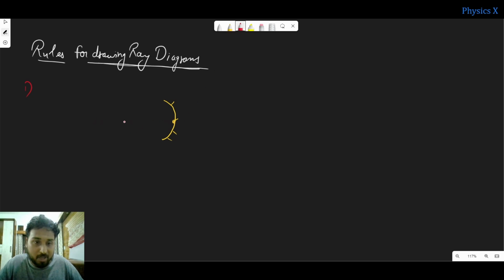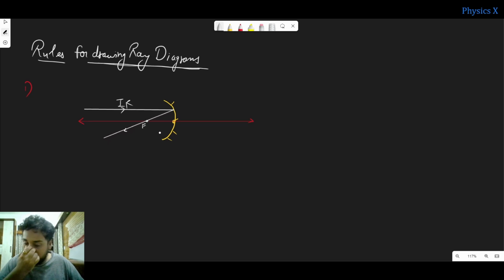Whenever the incident rays fall on this mirror parallel to the principal axis, they will pass through a point which is called the focus. This is the first law: whenever the incident ray is made parallel to the principal axis, it will pass through the focus.